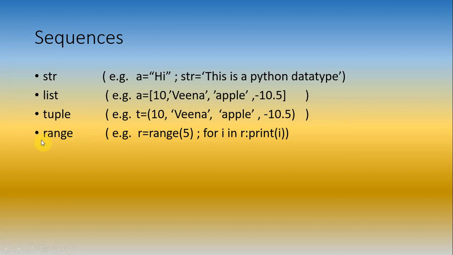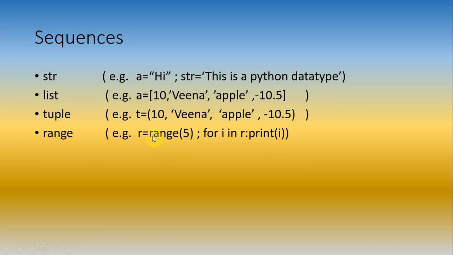Next we talk of range. Range is basically a sequence from some starting point to some ending point. For example, r equal to range of 5 represents a sequence from 0 to 4.